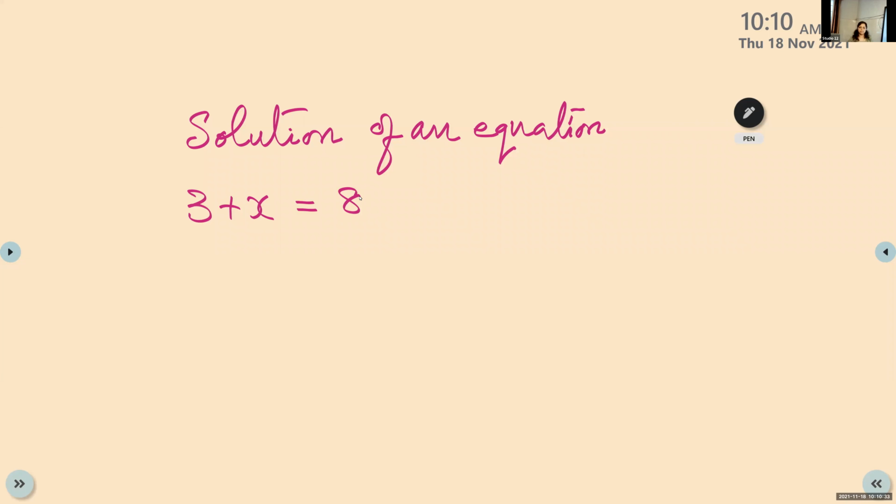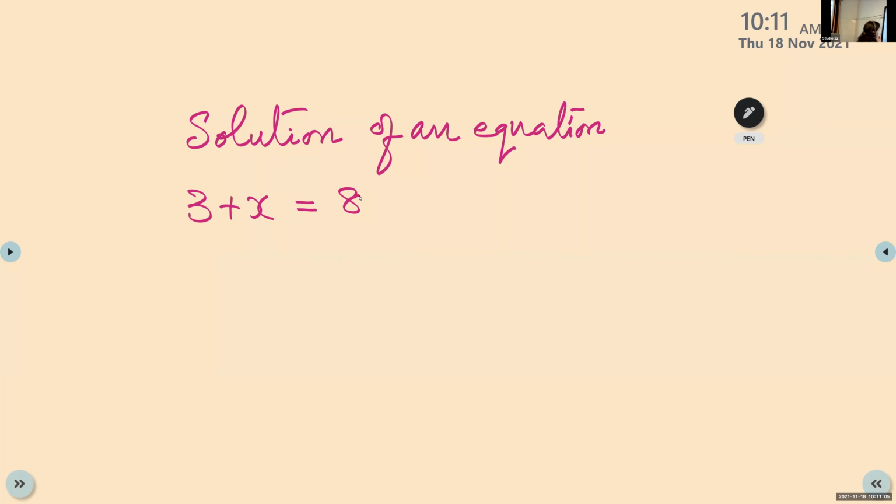Second one is the balancing equation method, balancing both sides. Third one is transposing. You will transpose the number from one side to the other side, that is left hand side to the right hand side or right hand side to the left hand side accordingly, to find the solution. 3 methods are there. Out of that, first one is the trial and error method. So let us see what that is.